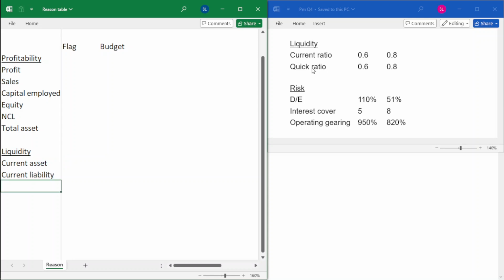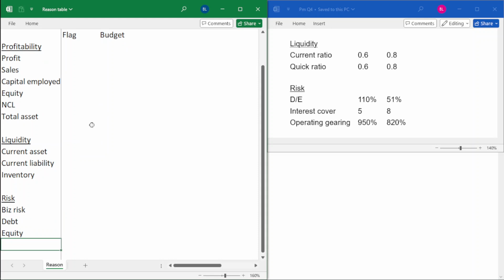Quick ratio involves inventory. Then this risk here, risk involves, okay, and let me add more column, business risk. And then this one is debt over equity.